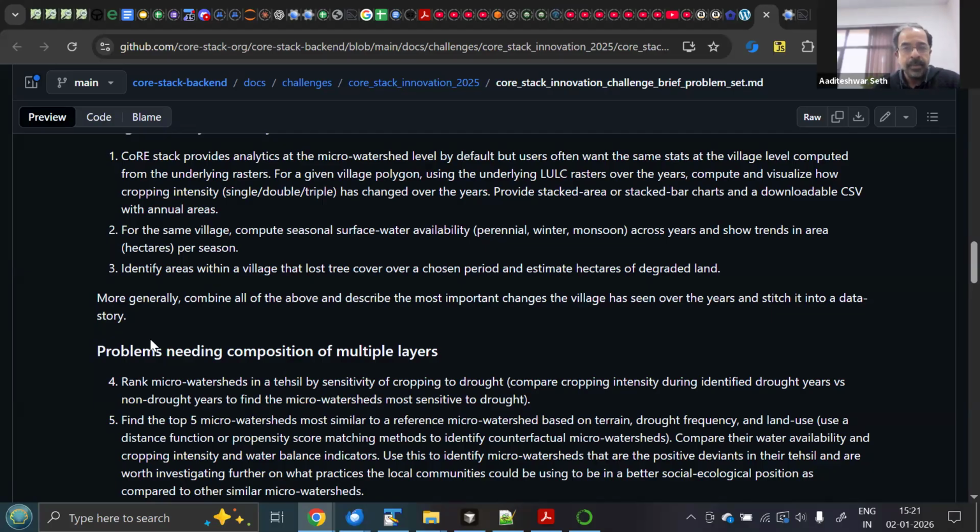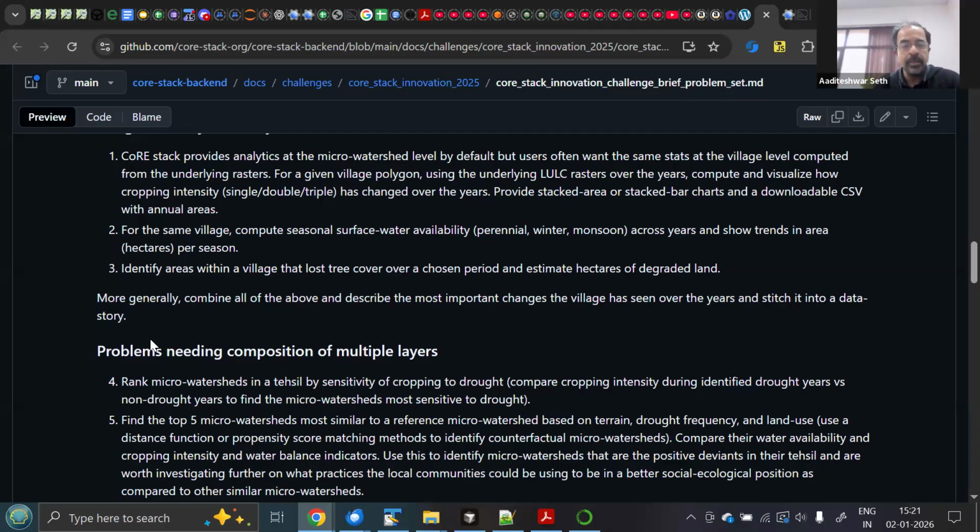So if, for example, a village has seen degradation, then you can start writing about how much area has degraded. Perhaps you can also do some agentic AI work to pull in other information. Let's say somebody might have published a news story about the village.